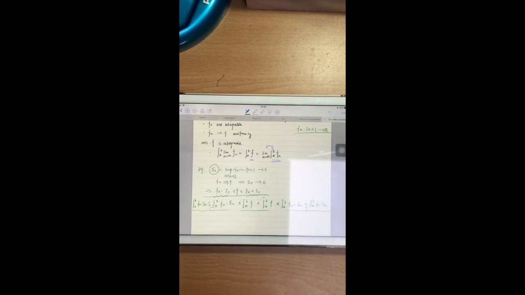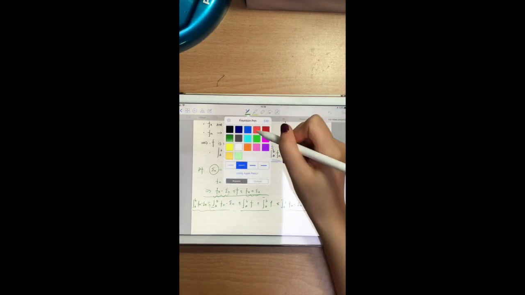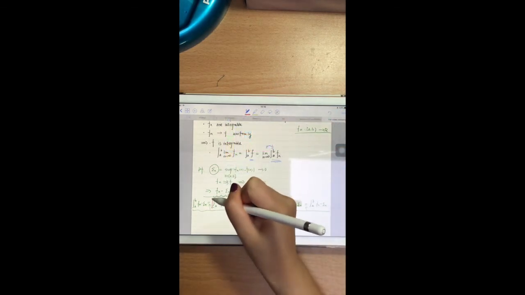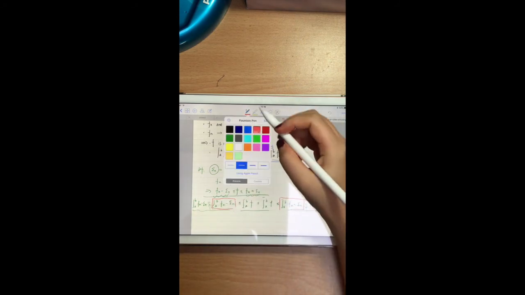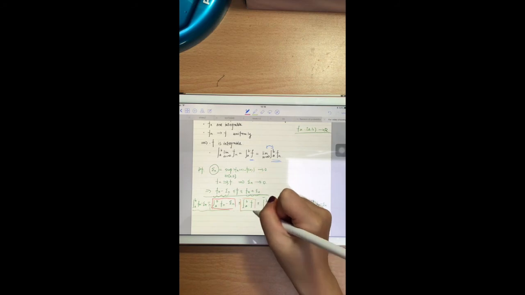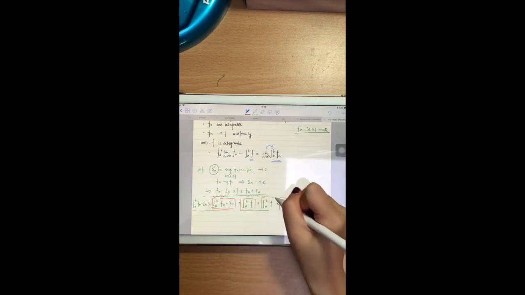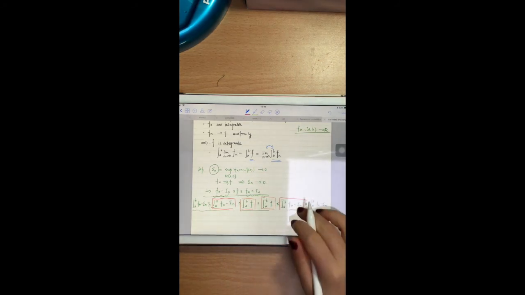And another thing is, here we have this one, and these two are smaller.